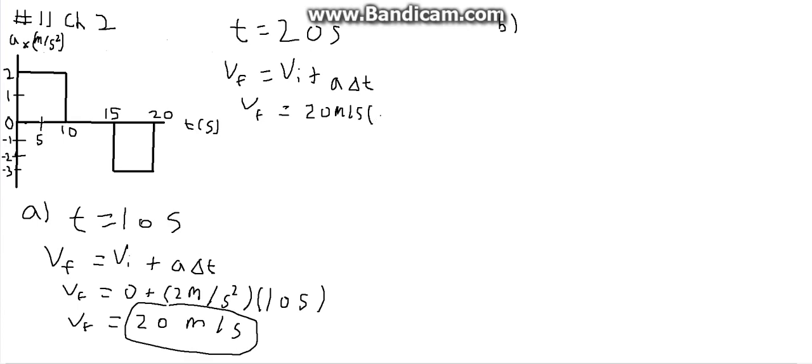Our acceleration will be -3 meters per second squared. And our time will be 5 seconds because we chose to do the time from 15 to 20. This gives us final velocity at 20 seconds of 5 meters per second.